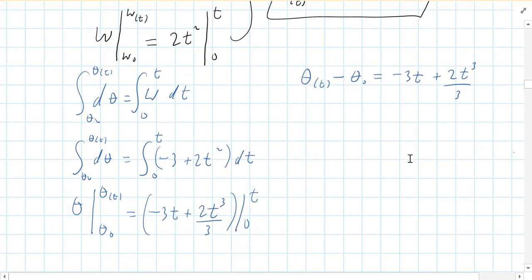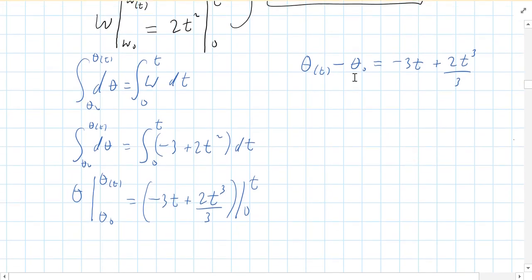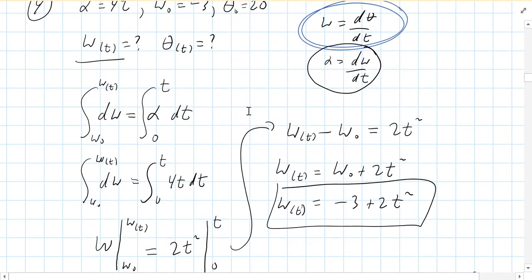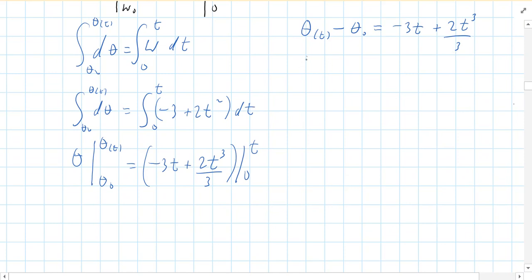Okay, and then I gave you a theta naught in our work up here. That is 20. So we got theta as a function of time minus 20 equals 3t squared plus 2t cubed over 3. And if you get theta by itself, you've got your answer. Oops, this second term here, I messed this up.